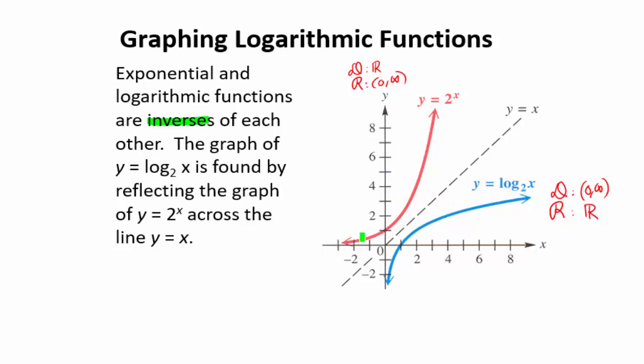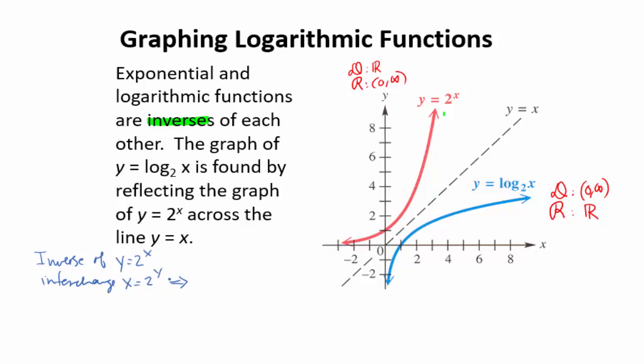So take y equals 2 to the x. Then how do we do inverses? Remember, we interchange the x and the y and solve for y. So to get the inverse of y equals 2 to the x, first we interchange the x and the y, and we get x equals 2 to the y.